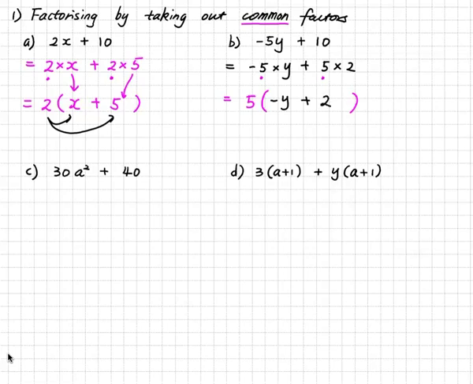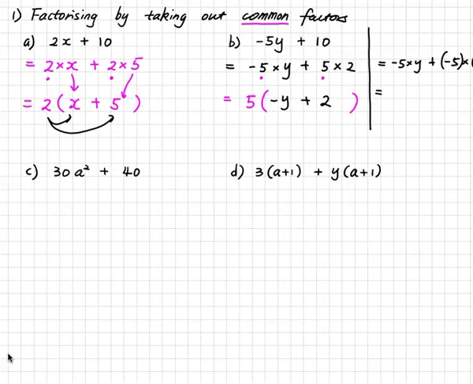Now some of you probably say, can I actually use negative 5 as my factor? That's totally fine as well. If that's the case, you're going to say that negative 5 times y are the factors of the first one. That means your 10 should be negative 5 times negative 2, because negative 5 times negative 2 will give you positive 10.